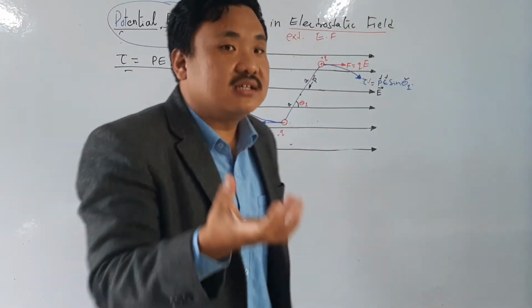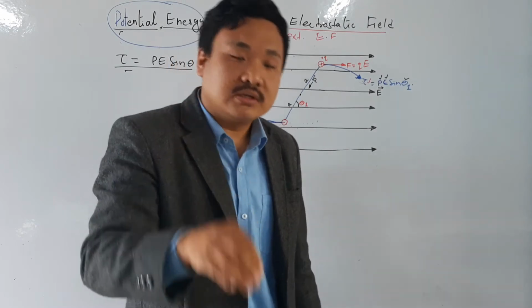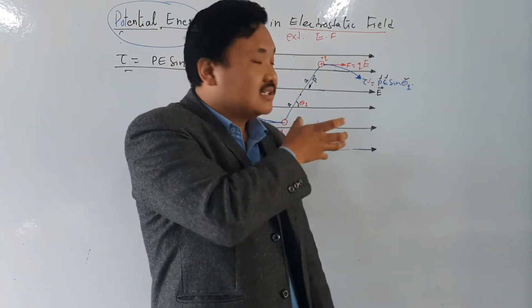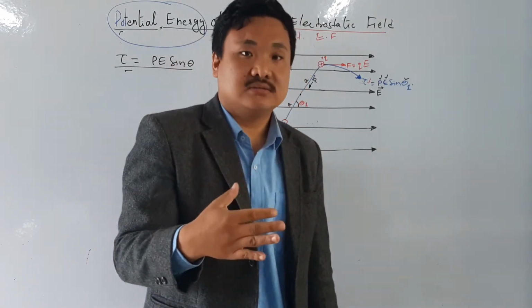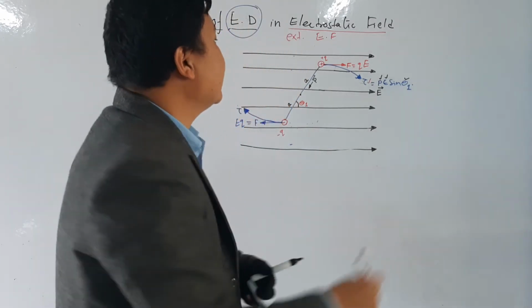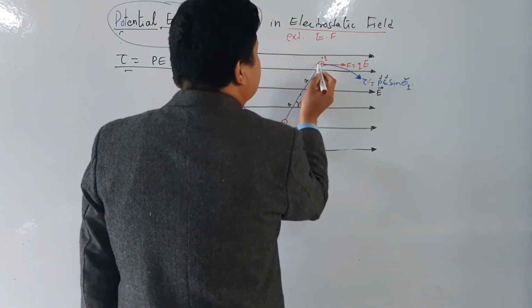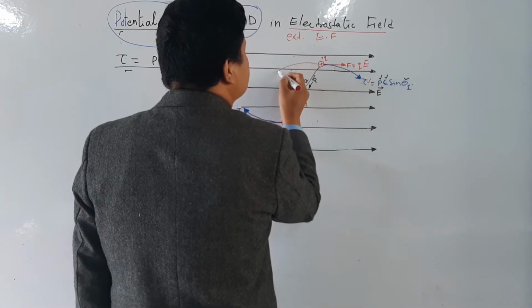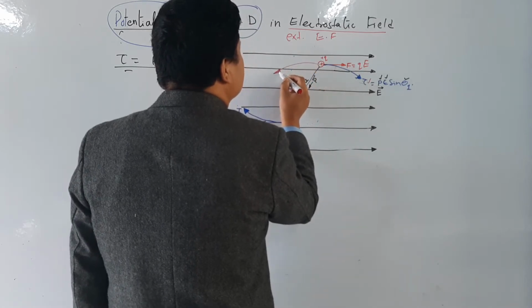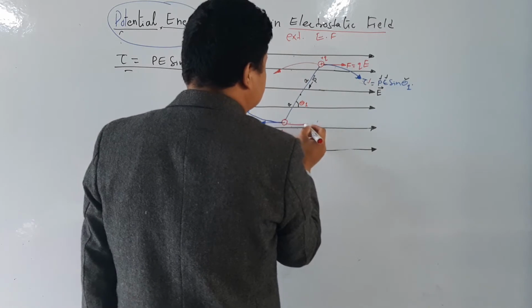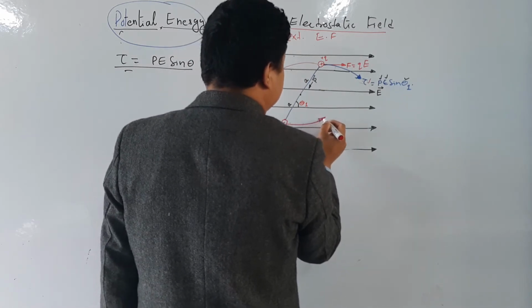Now to calculate the potential energy, what we do is we rotate this in opposite direction. Okay, we rotate it in opposite direction like this. Please remember this.